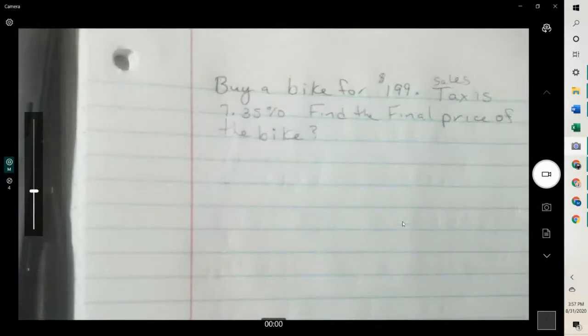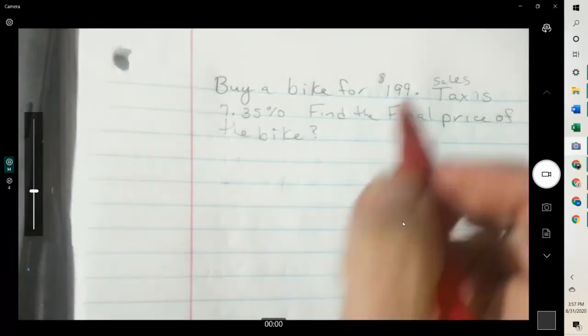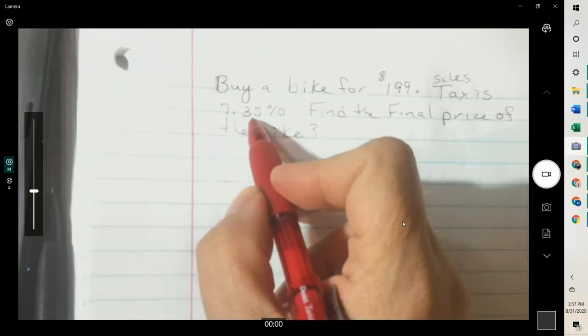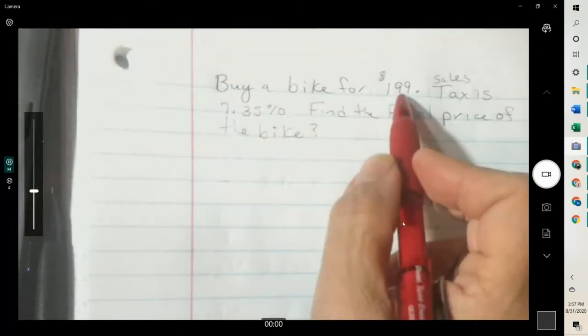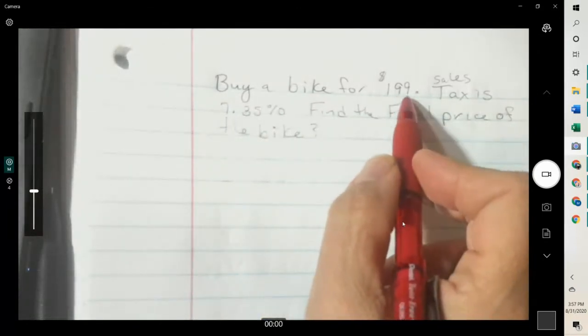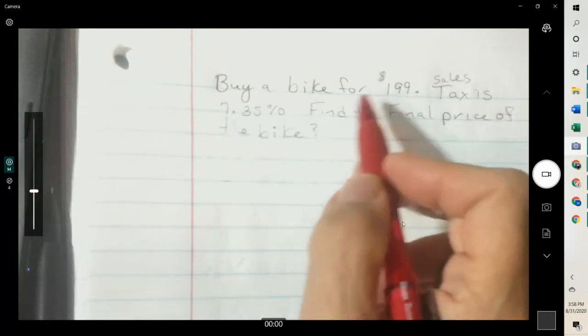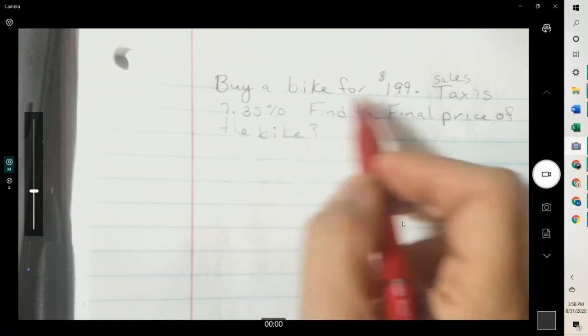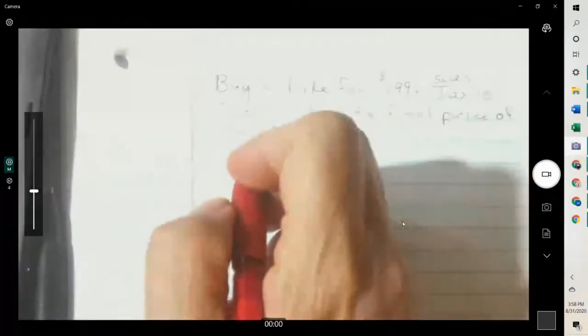Now, one way of doing that is to find the tax and then add it onto the cost of the bike. So we could take 7.35% times our price of our bike, because we want 7.35% of 199. So it's multiplied.